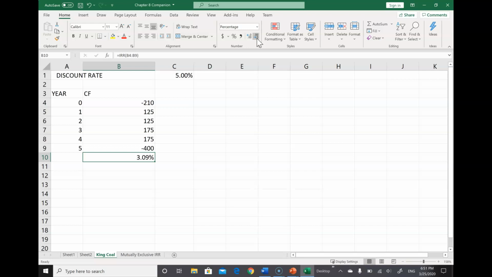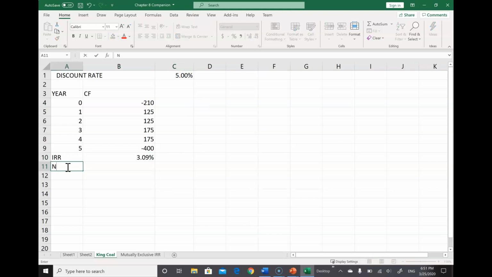A problem with this one is that if the internal rate of return of this project is indeed 3.09%, and if the discount rate of the capital, the opportunity cost of the capital, is 5%, then the company should not initiate this project because the rate of return of this project is lower than the opportunity cost of the capital, right?